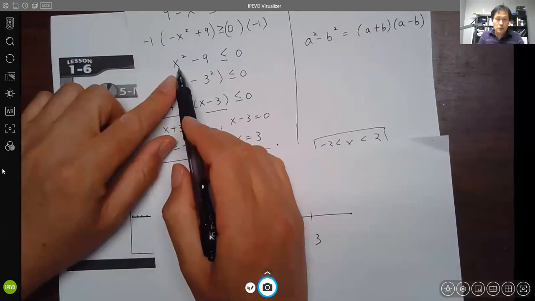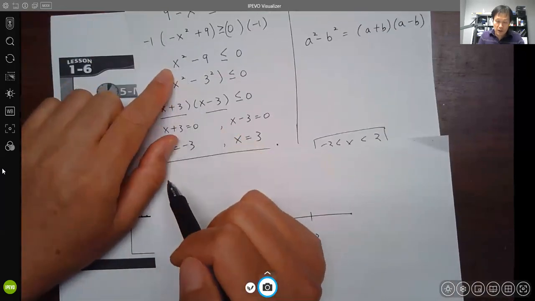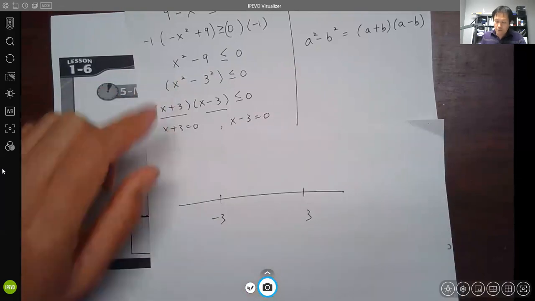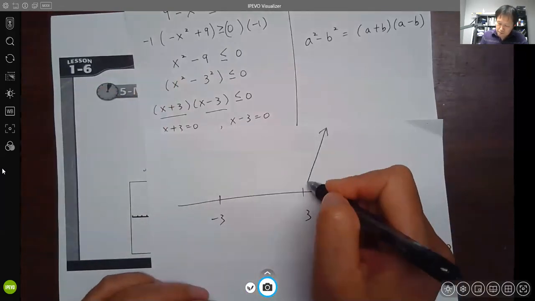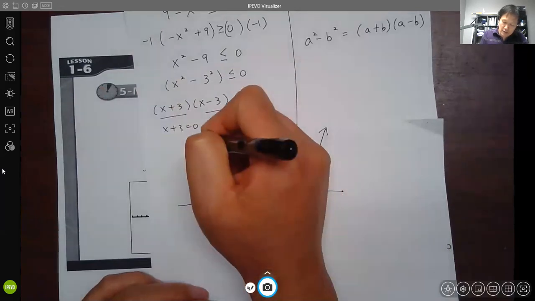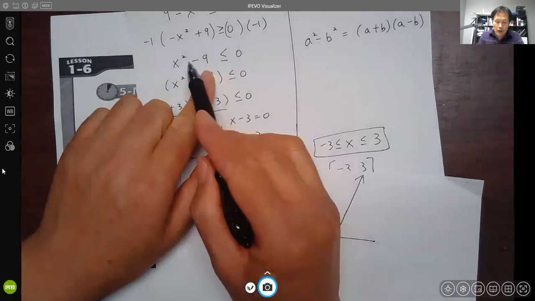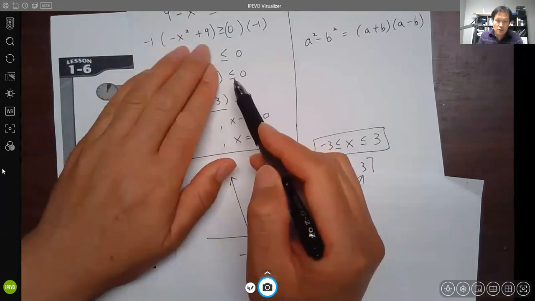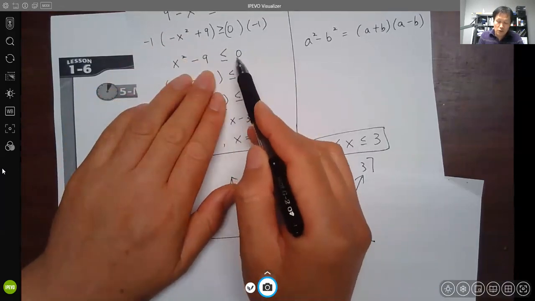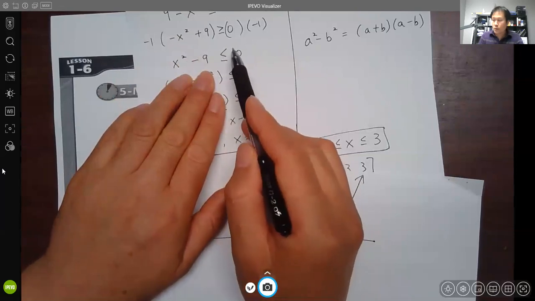And you look at this: the coefficient of x squared is positive. That means I have a parabola opening up, and it passes through these zeros. And I'm looking for y values where the left-hand side function value is less than or equal to 0.